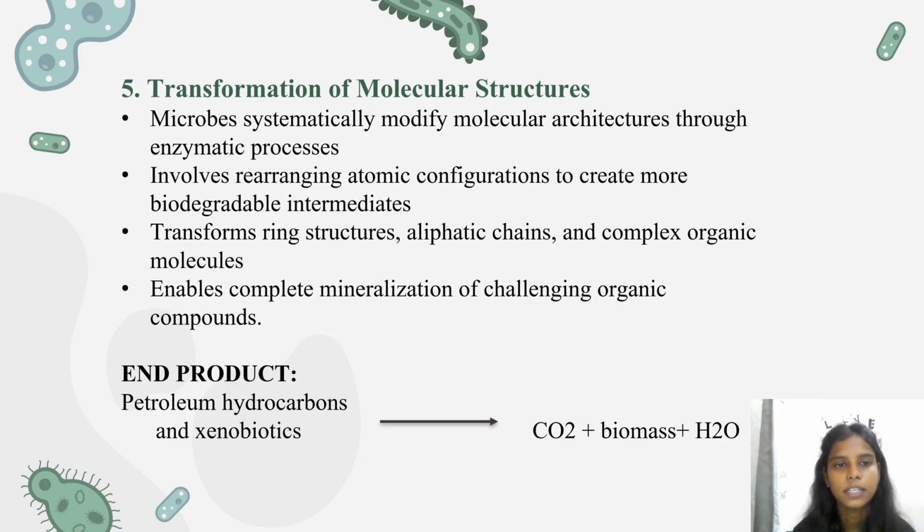And the last method is transformation of molecular structures. Microbes systematically modify their molecular structures through enzymatic processes. It involves rearranging atomic configuration to create more biodegradable intermediates, transforming ring structures to aliphatic chains in complex organic molecules, which enables complete mineralization of these complex or synthetic molecules.